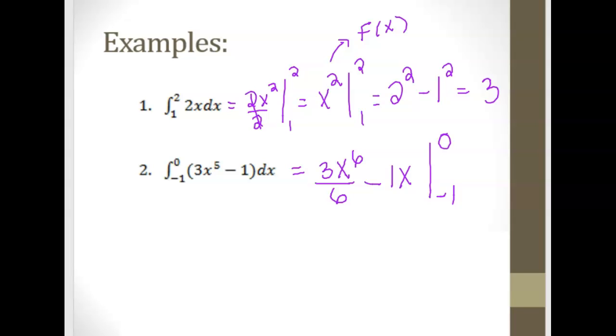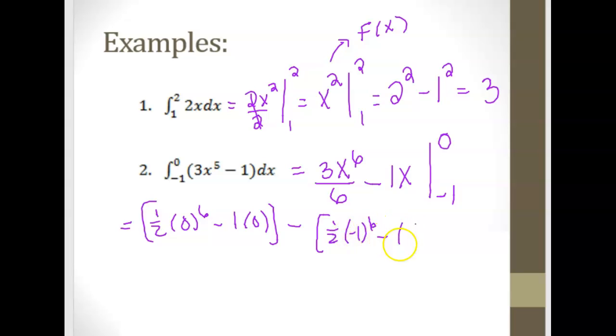Plugging in your bounds, 1/2 times 0 to the 6th minus 1 times 0, minus 1/2 negative 1 to the 6th minus 1 times negative 1.